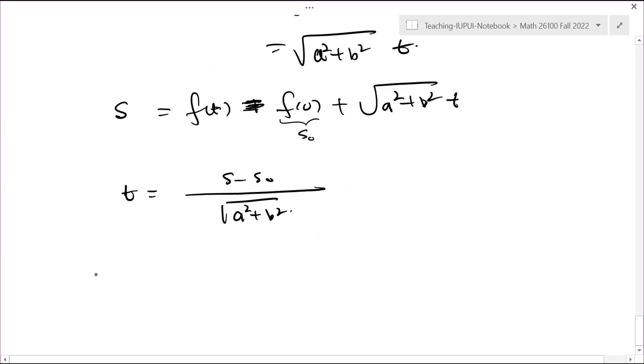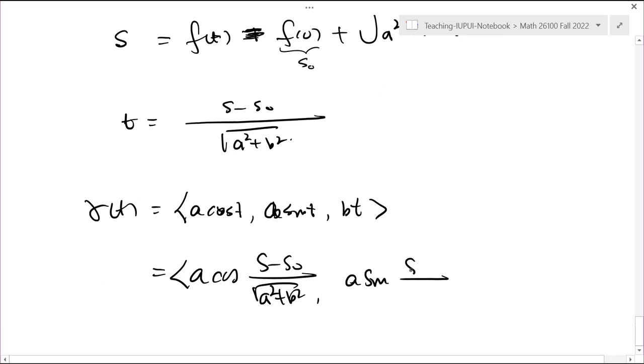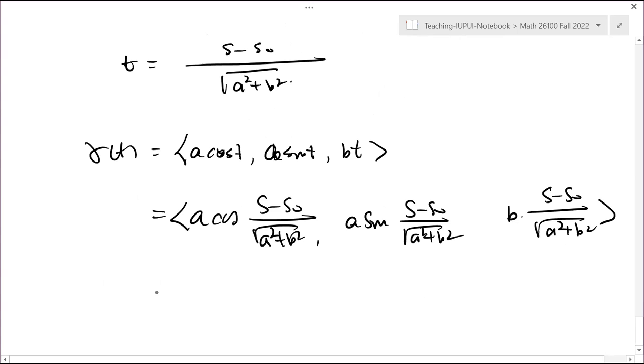All right, so now gamma t, remember it's a cosine t, a sine t, and bt, are replaced by s. So this one is now a function of s, so I use gamma tilde.